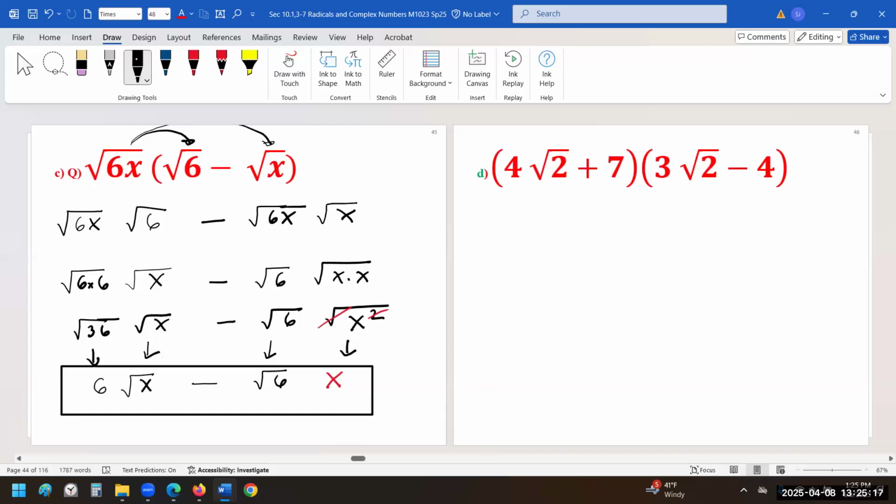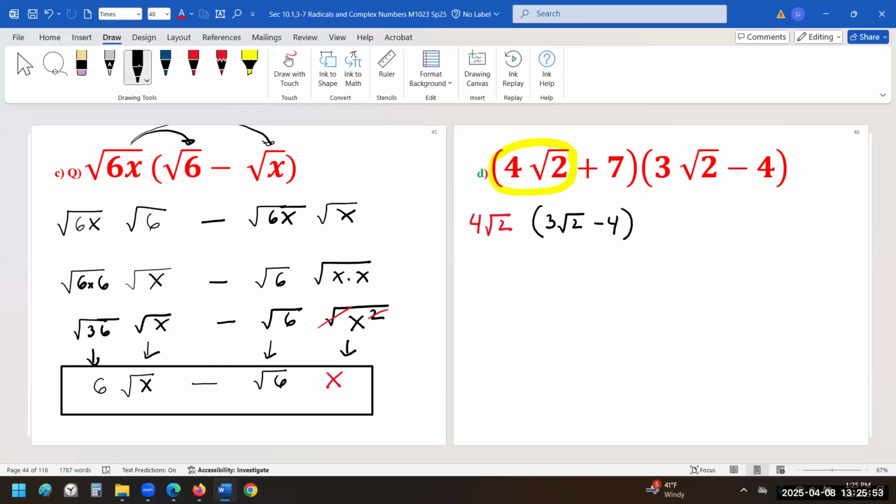Now let's do binomial times binomial. They look bad but it's the same thing as the left page. You just do it twice. So you take the first term in the first binomial and multiply the entire second binomial. So we have 4 radical 2, and you're multiplying 3 radical 2 minus 4.